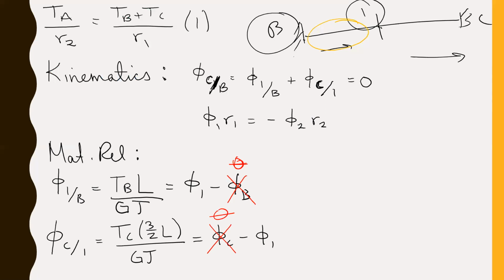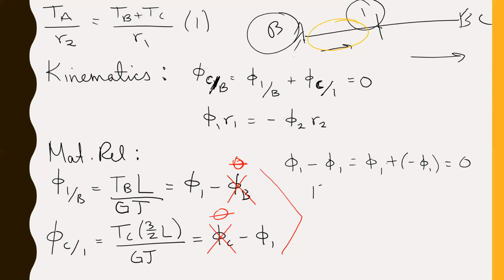So from this result, if we take phi 1 minus phi 1, which is the same as phi 1 plus a negative phi 1, that has to equal 0, right?